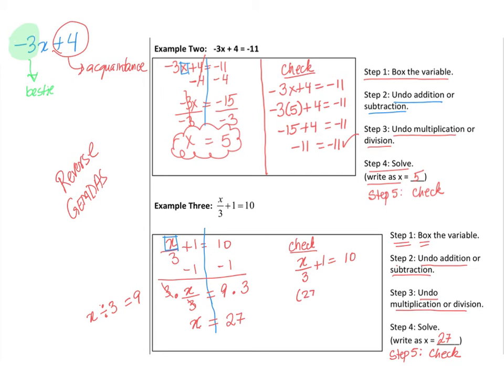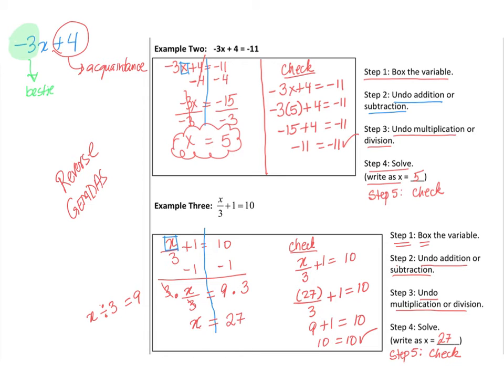So I'm going to insert 27. Notice again, I'm using parentheses for the value that I'm inserting. 27 over 3 plus 1 equals 10. And I still have to follow order of operations when I'm solving these. So I end up with 9 plus 1 equals 10, and 10 indeed does equal 10. Check, I'm good. So this works out as well.